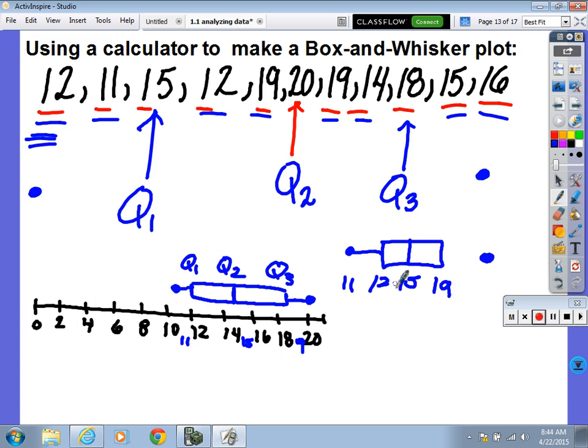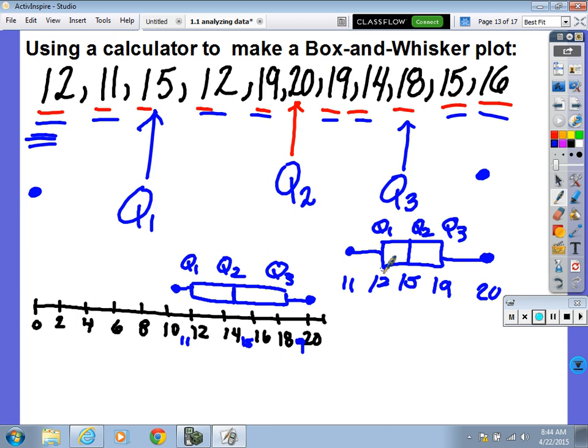Does that make sense, guys? And then this was 20. Make sure you do Q1, Q2, Q3. This is how I'll let you draw it, as long as you specify what those points are. But remember, if you had to draw it to scale, you could, because you would just find the correct point on your scale and put it in. I'm okay with you guys drawing it out like this.